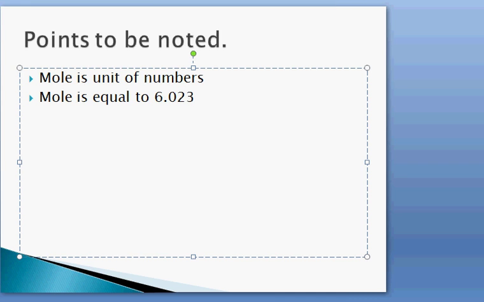6.023 into 10 to the power 23, and it may be atoms or molecules. What is molar mass?